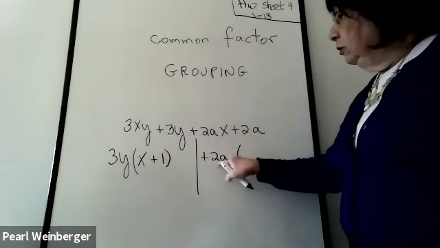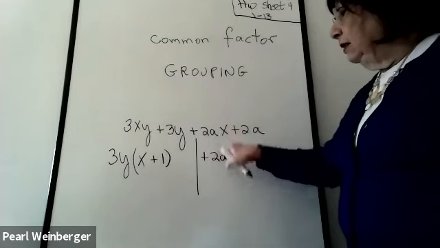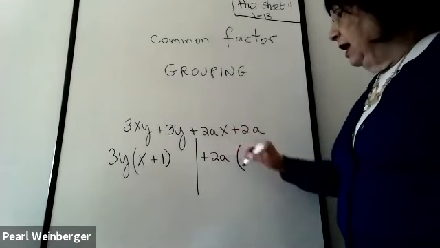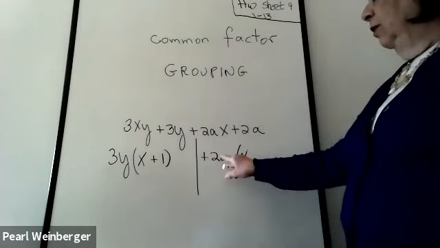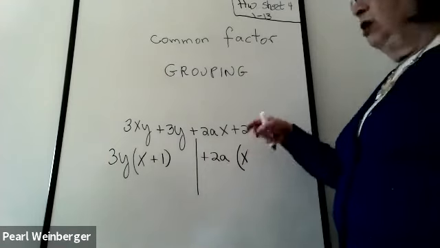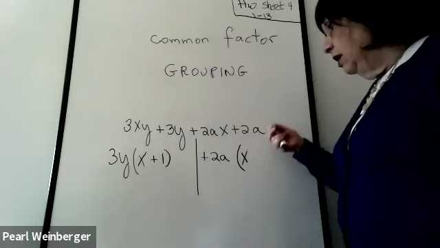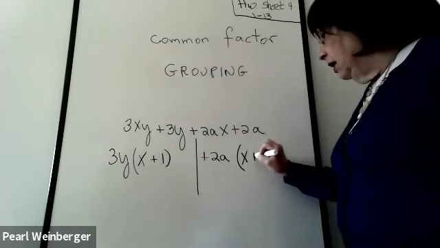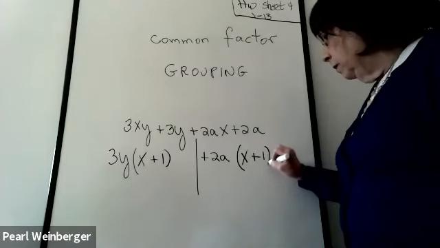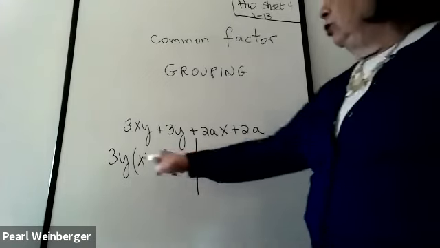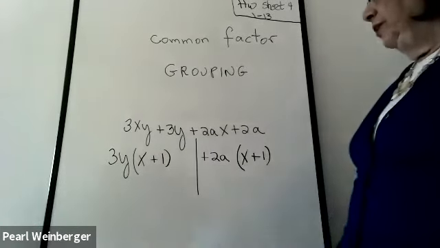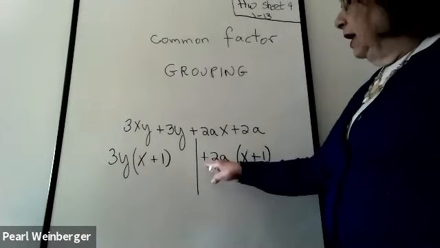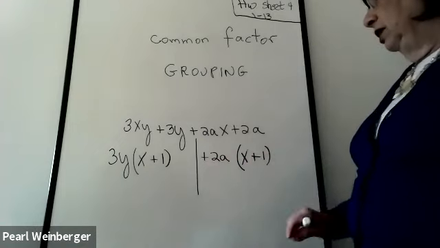When I divide the 2a into the 2ax, the 2 cancels out and the a cancels out, and I'm left with x. And when I divide the 2a into the 2a, everything cancels out, and remember, when everything cancels out, we're left with a 1. So in my first group, I got 3y times x plus 1, and in my second group, I got 2a times x plus 1.